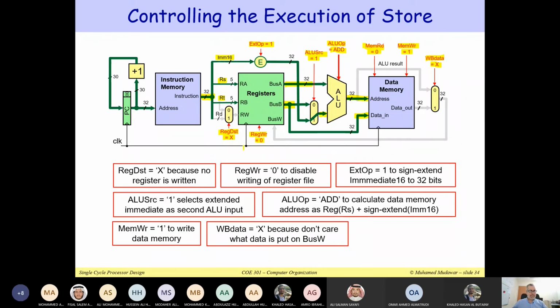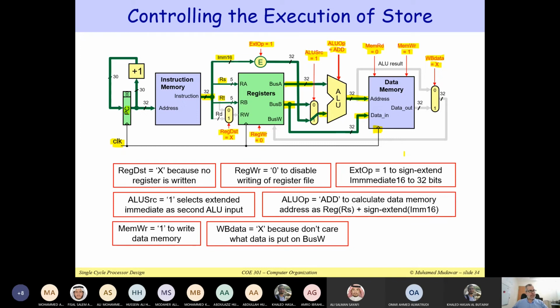Now, we still need the clock. At the edge of the clock, two things are going to happen. We are going to increment the PC, because we need to point to the next instruction in memory after we have completed the store. Also, the clock is connected to the clock input of the data memory, so we have to synchronize the write operation.